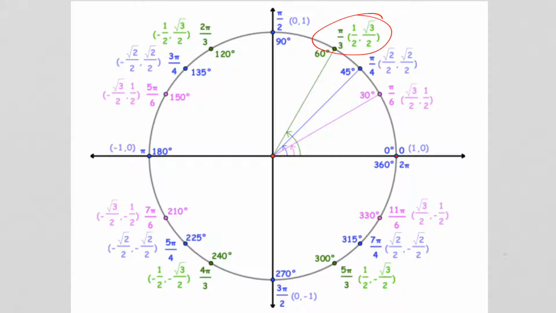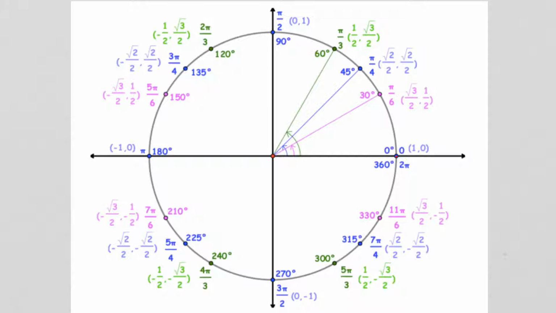And at pi over 3, notice it's the same as pi over 6 except the x and y are switched. Which makes sense because here you have a 30, 60, 90 triangle, and here you have a 30, 60, 90 triangle, just in 2 different spots. And then again, things match up just as we talked about for the other 2.